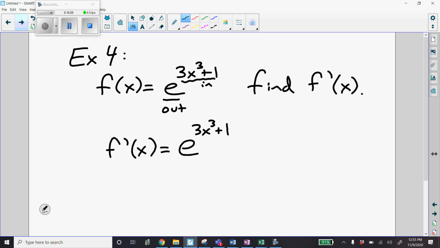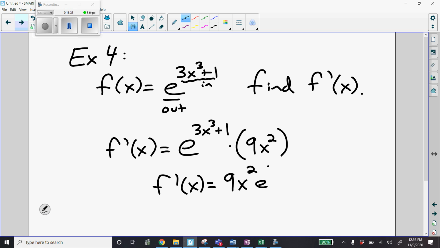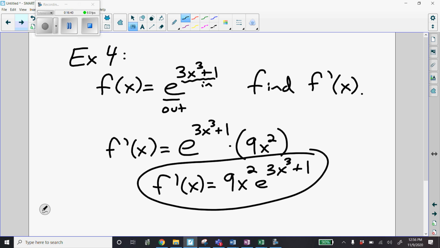Now I just need to multiply by the derivative of that inner function, right? I call it chaining on the chain rule. And we got to chain on that multiplication of the derivative of the inner function. Well, the derivative of the inner function is 9x squared, plus 1 goes away. Again, cleaning this up, this would look like 9x squared e to the 3x cubed plus 1. There is a nice cleaned up version of that derivative using the chain rule.